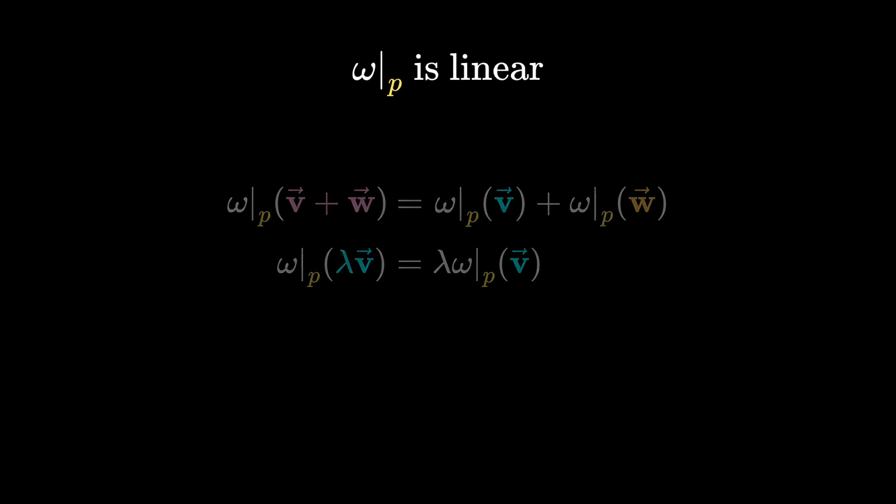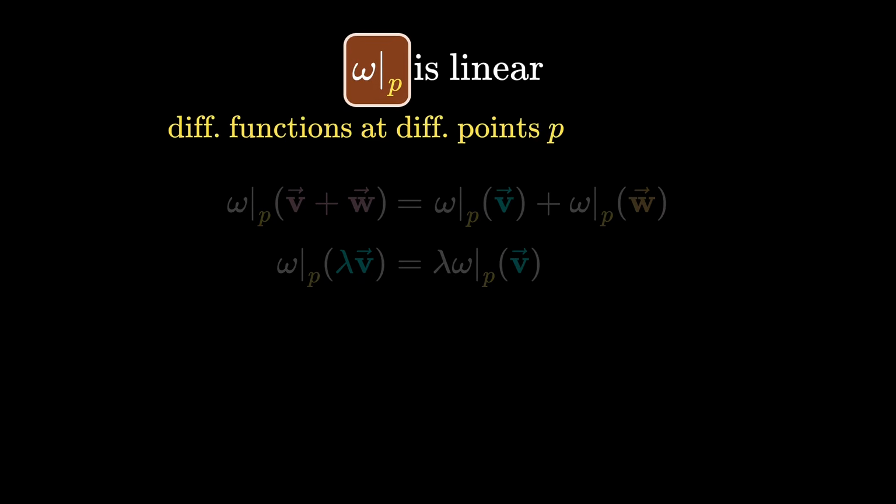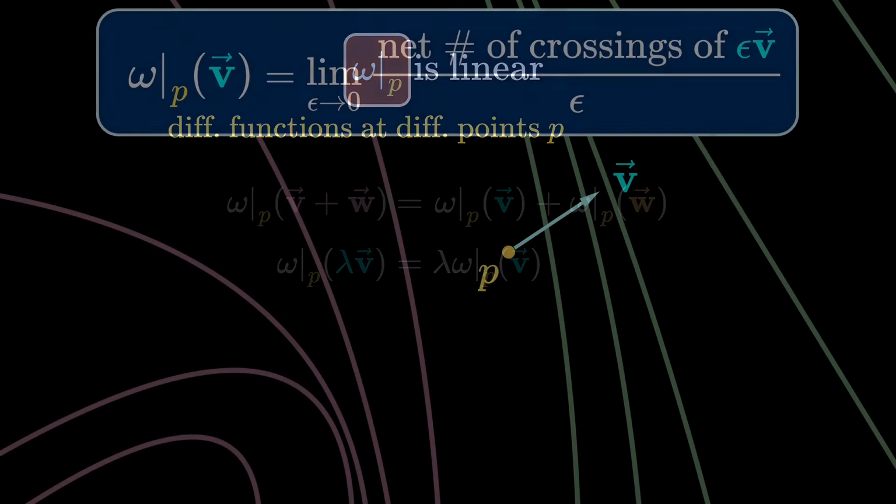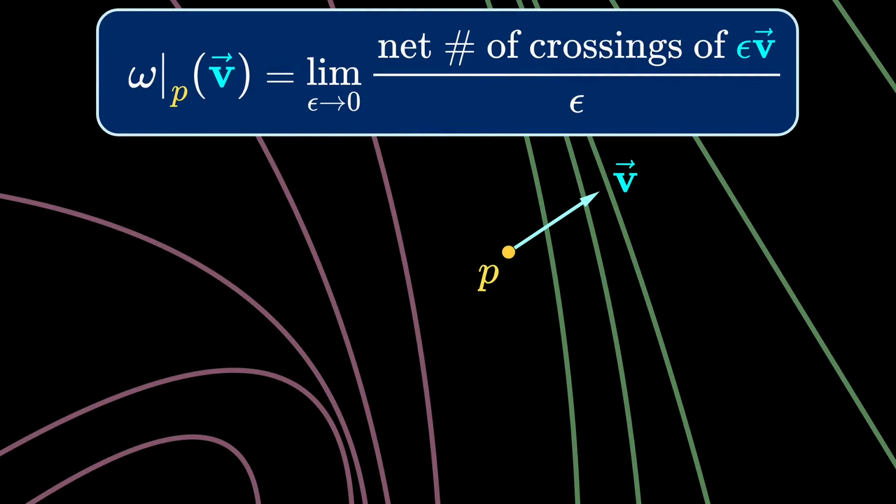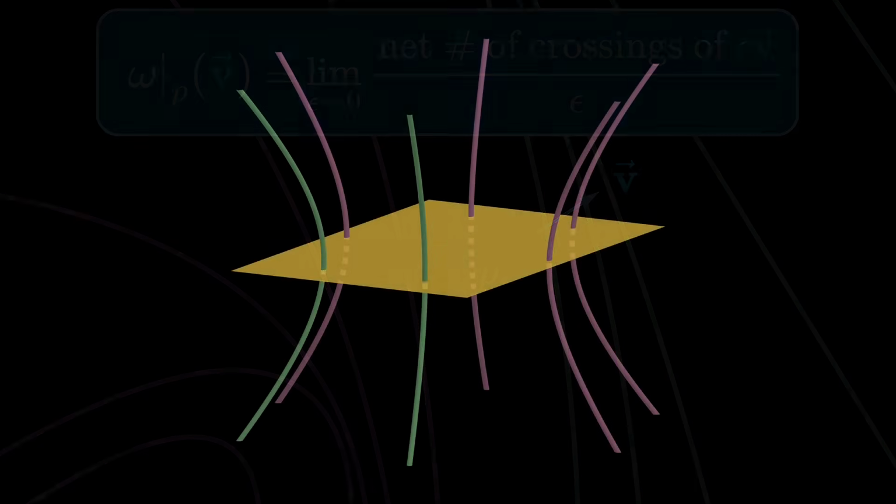These functions differ depending on where you are, so a differential form omega is a collection of different linear functions at different points. So far, we've been talking about differential forms associated with line integrals. What about those associated with surface integrals? The idea is similar.